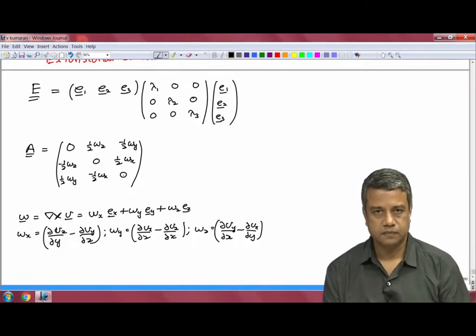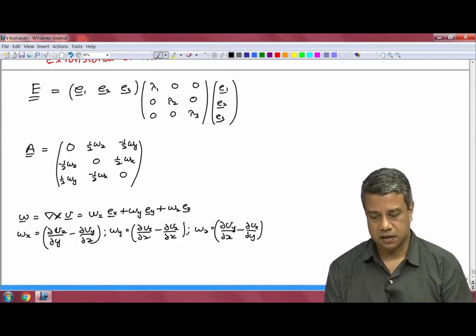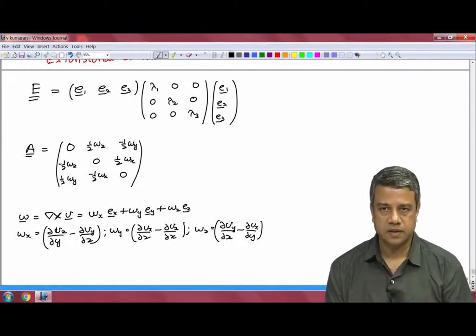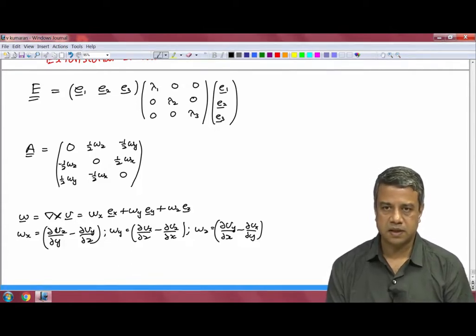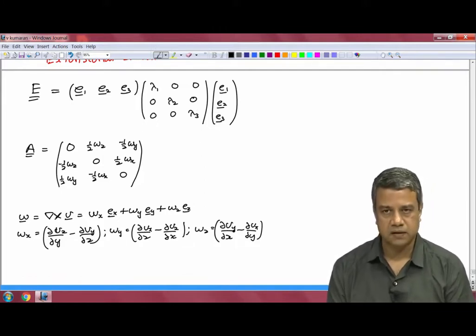So, antisymmetric tensor in 3 dimensions, the 3 by 3 tensor, the diagonal elements have to be 0, and the 3 off diagonal elements are related to each other. So, there are only 3 independent elements, and these are the components of this vorticity vector.